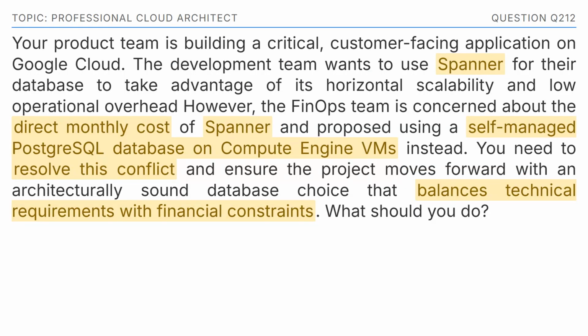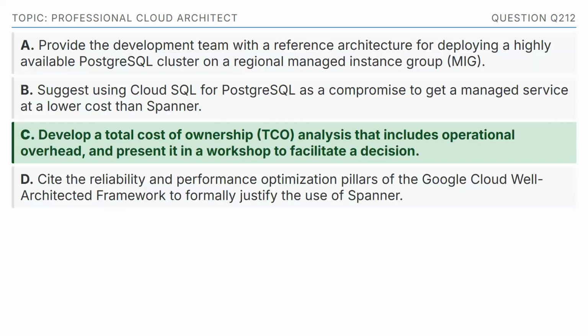To arrive at the correct answer, we focus on the keywords Spanner, direct monthly cost, self-managed PostgreSQL database on Compute Engine VMs, resolve this conflict, balances technical requirements with financial constraints. The correct answer is option C, develop a total cost of ownership, TCO, analysis that includes operational overhead, and present it in a workshop to facilitate a decision.